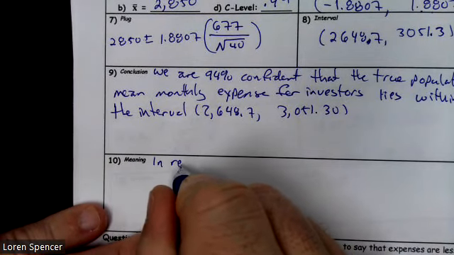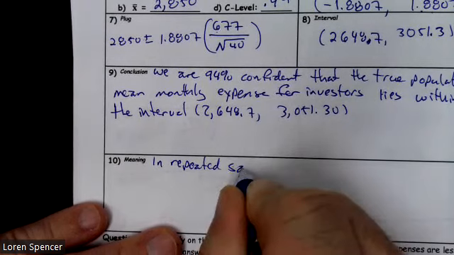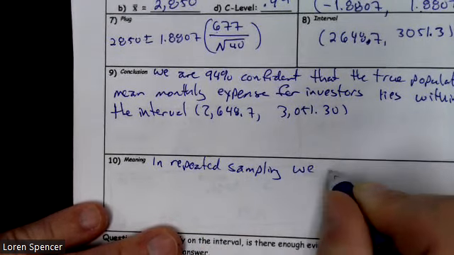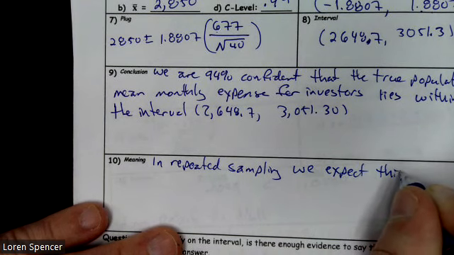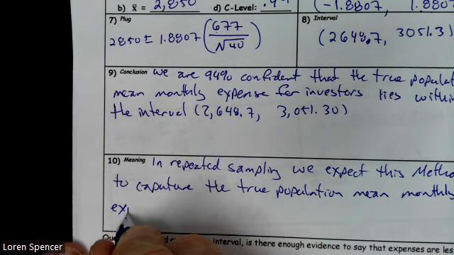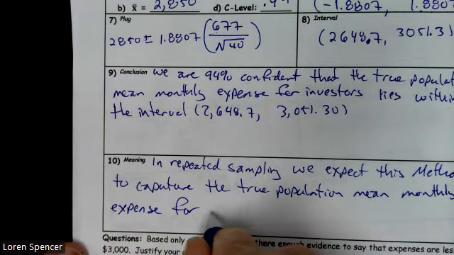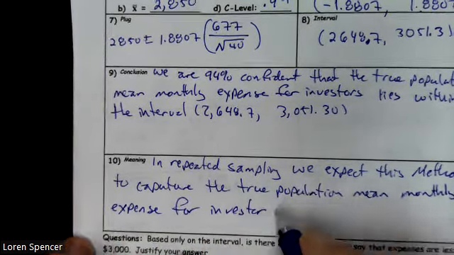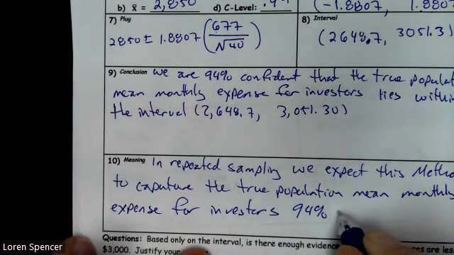So in repeated sampling, we expect this method to capture the true population mean monthly expense for investors 94% of the time.